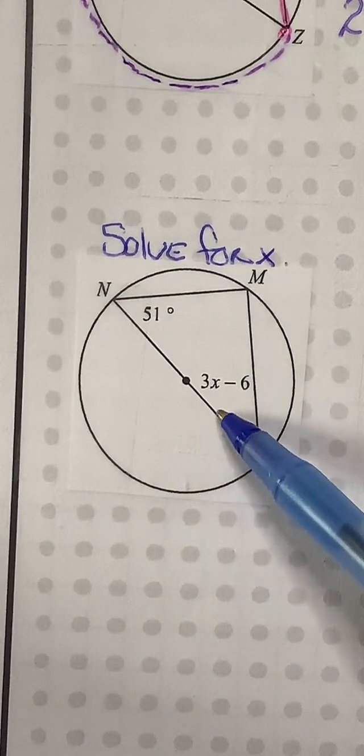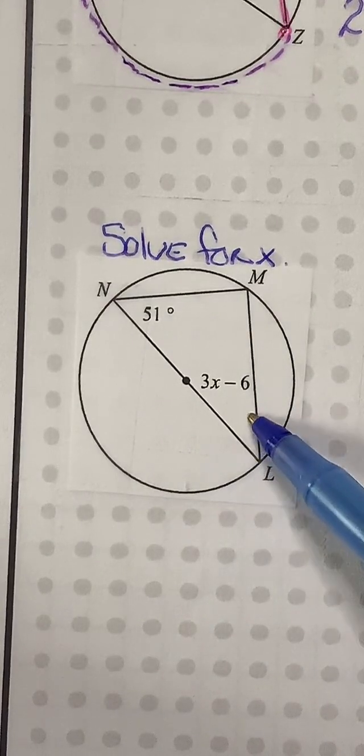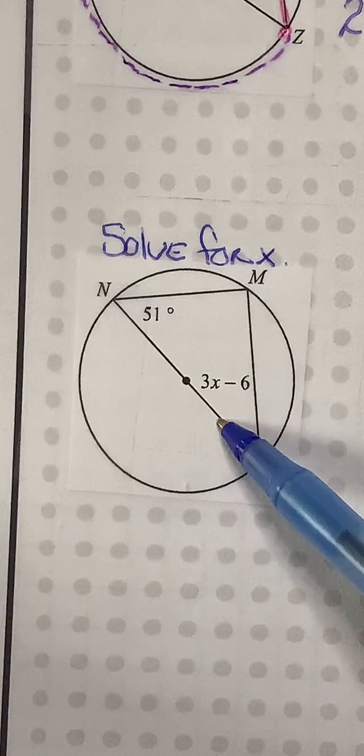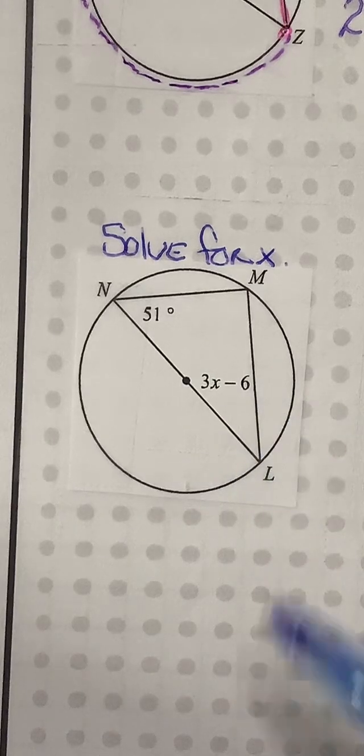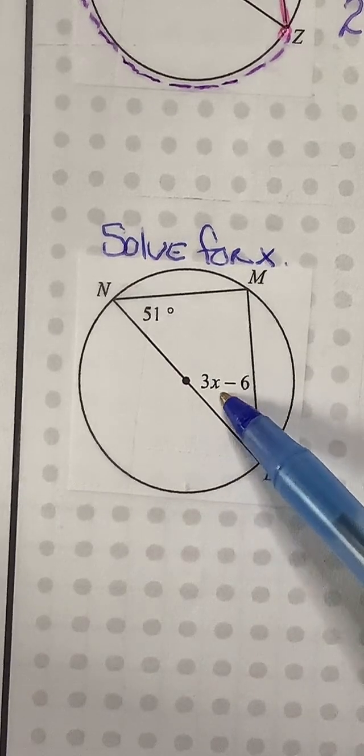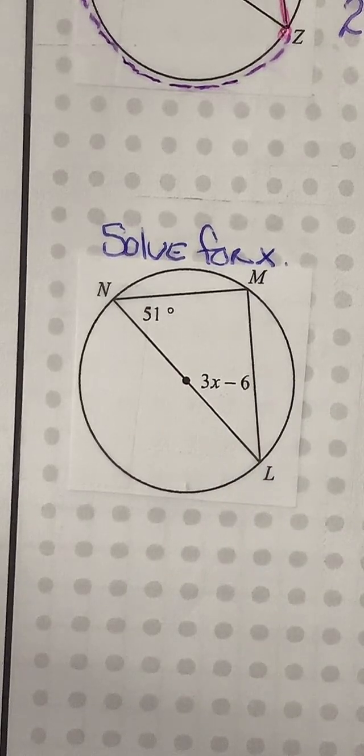They're giving us another angle at 3x minus 6, which is an expression, and that contains the x that we're missing. Yes, so 3x minus 6 is an angle. Okay, they are giving us the angle of 51.